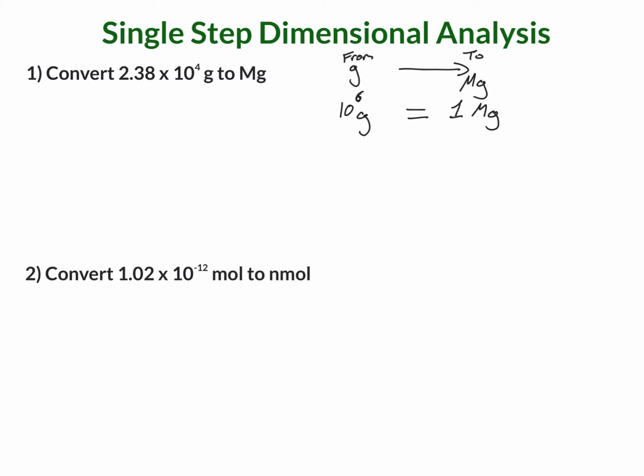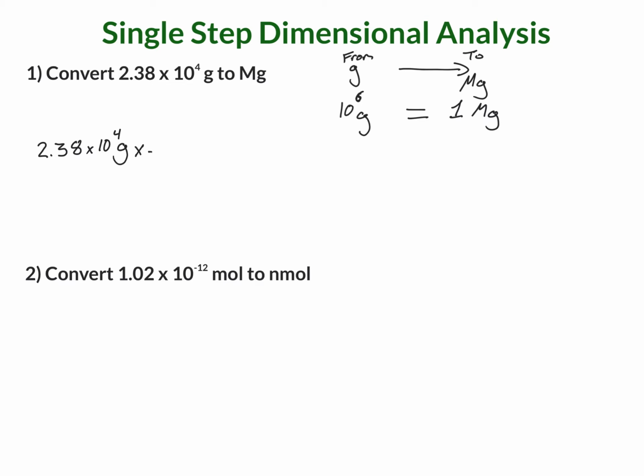Now the first thing to do to set up a dimensional analysis problem is that we always write out the number we're converting. And that's going to be 2.38 times 10 to the 4th grams. Do not forget to write the unit of measurement. We need that for our problem. And as you remember from our lesson, it's a conversion factor that we're multiplying it by.